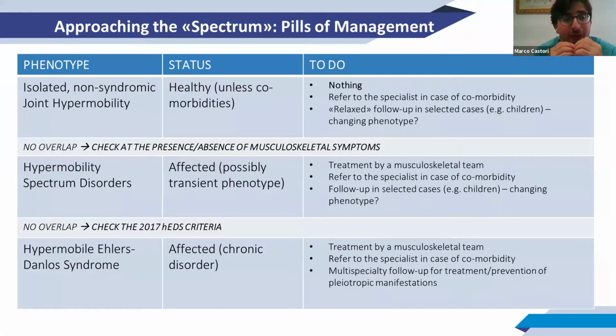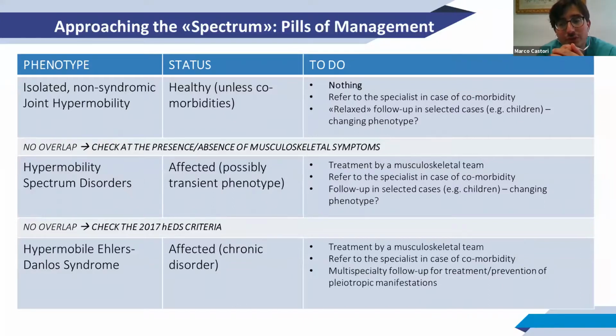In people with hypermobility spectrum disorders, you need to treat musculoskeletal manifestations. 99% of people with hypermobility spectrum disorders come for chronic or recurrent musculoskeletal manifestations.